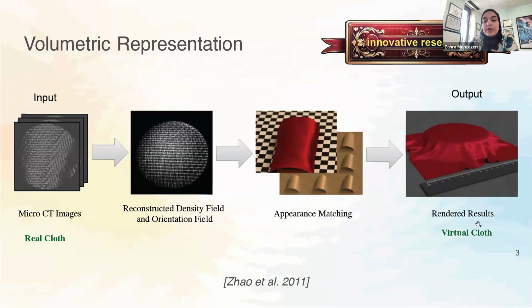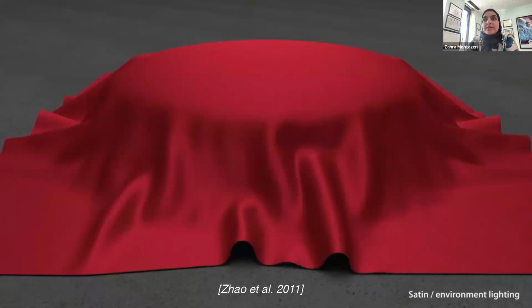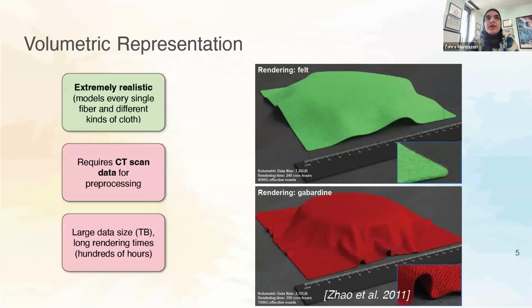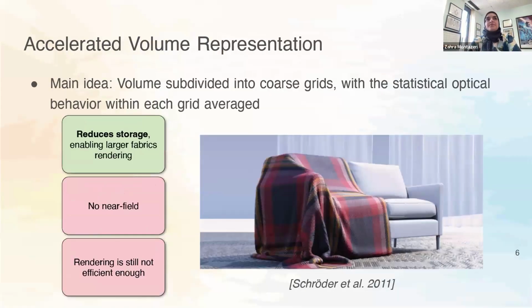But this is, of course, super crazy in terms of memory and rendering time, but very accurate. This is an example of a rendered image. As we said, they are extremely realistic, but one of the disadvantages is that they require CT scan imaging, and also they have terabytes of data, which is quite expensive to generate.